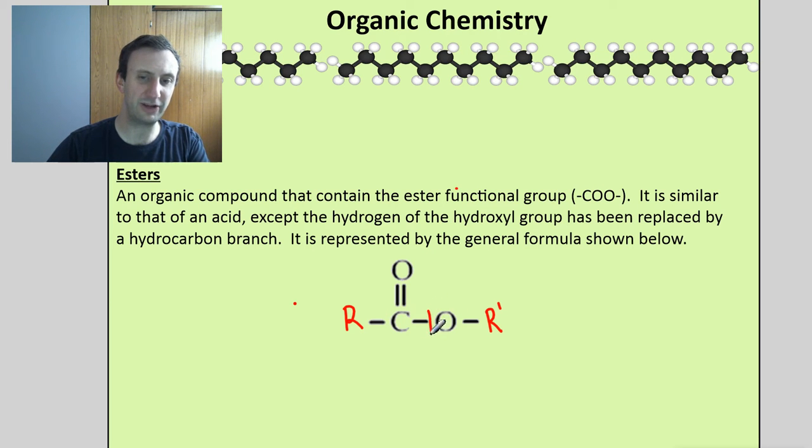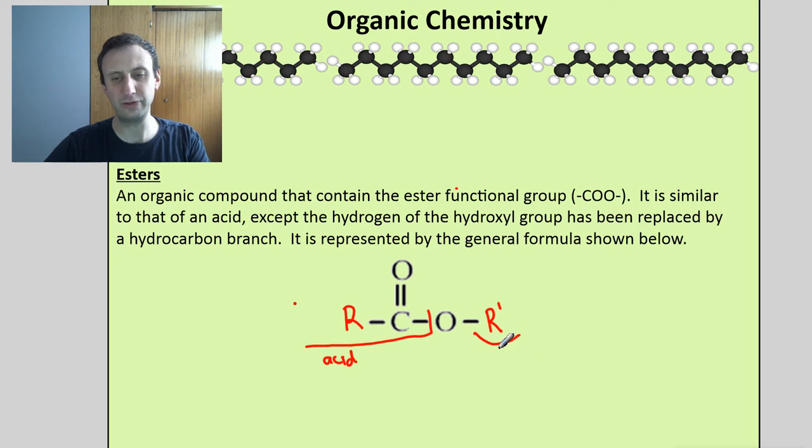The hydrocarbon chain that has the carbonyl as part of it is the carboxylic acid part of the ester. The other part originally comes from an alcohol, and we'll talk about that in esterification. The one that's just single bonded to an O is the alcohol portion of the ester.